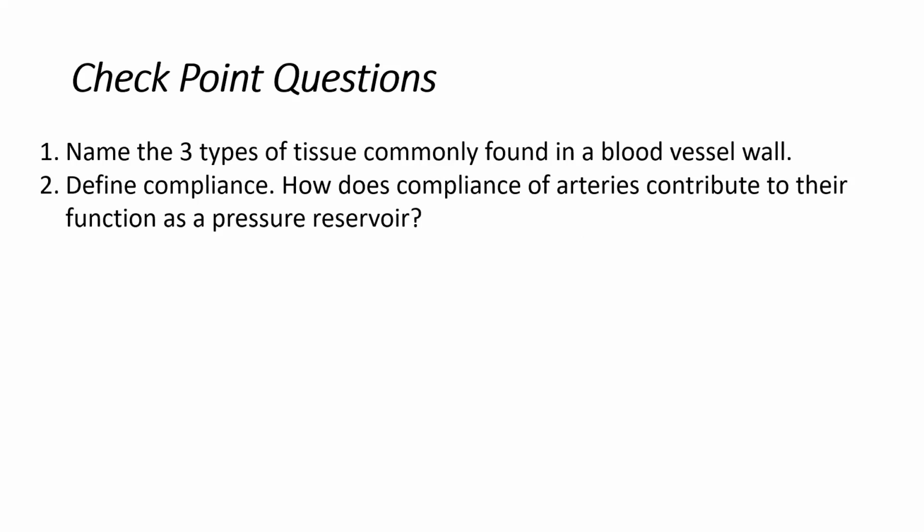And because they're not compliant, they're not obedient, they're going to recoil when blood is no longer flowing during diastole. And that pressure reservoir ability of our arteries is required to keep flow constant during systole as well as diastole.